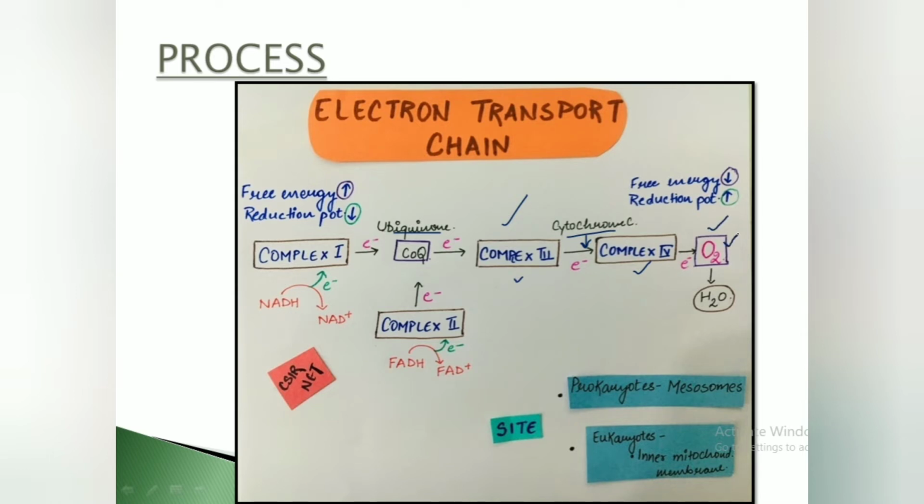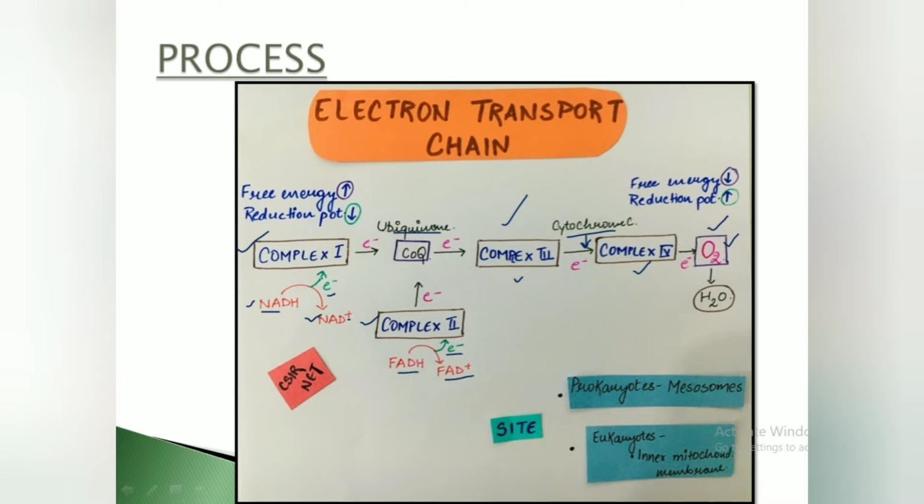That acceptor is oxygen. With the oxidation of NADH into NAD plus, electrons are released, which are taken up by complex 1. Complex 2 takes up the electrons eliminated by the oxidation of FADH2 into FAD.